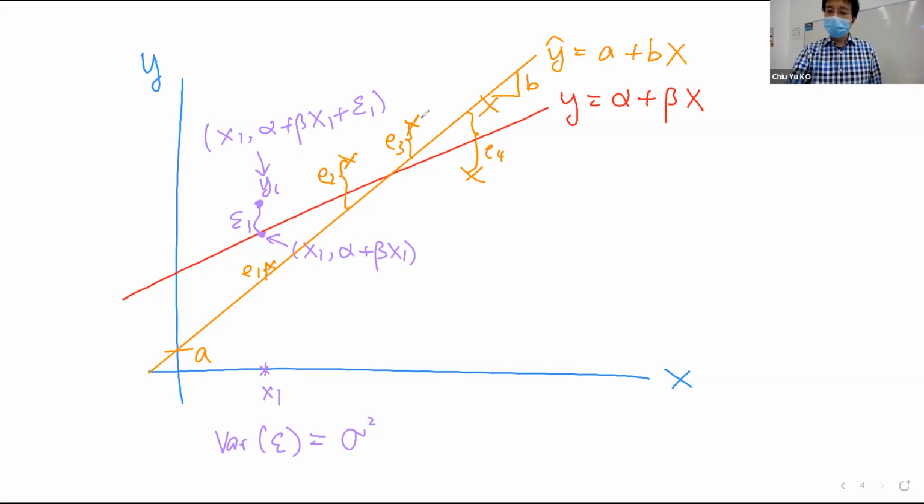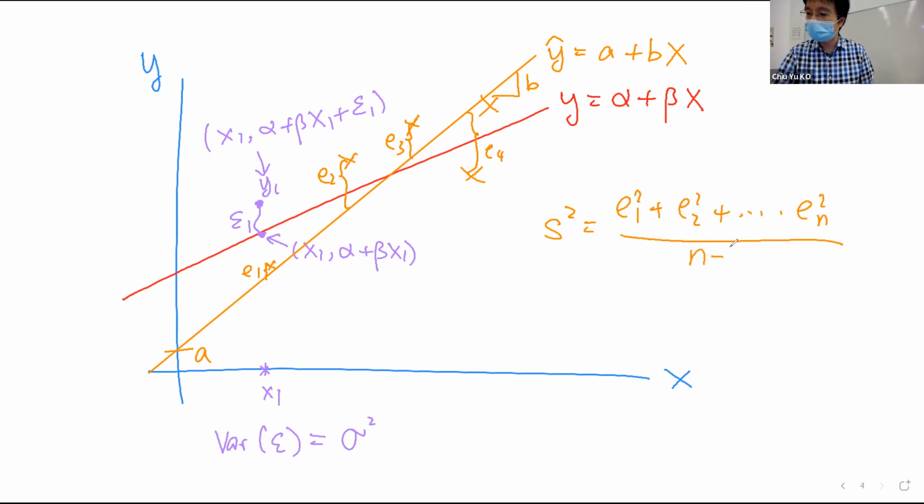You calculate the standard deviation of these, and this gives you S. S squared is just the sum of E1 square, E2 square, up to En square, over n minus 2.